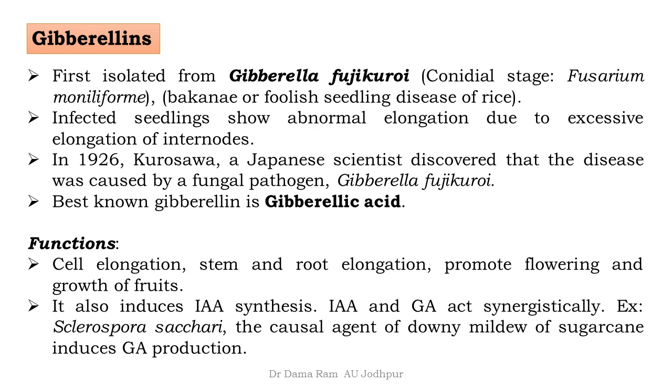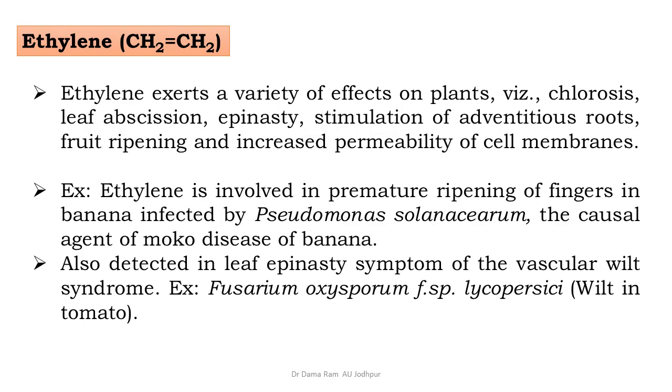In the past years scientists have identified more than 80 different gibberellins occurring naturally in plants. Spraying a diseased plant with gibberellin overcomes some of the symptoms like stunting, because it increases plant growth and elongation of stems caused by several viruses or pathogens, indicating that gibberellin is involved in disease development. Next is ethylene.